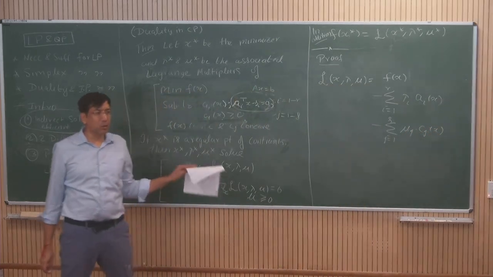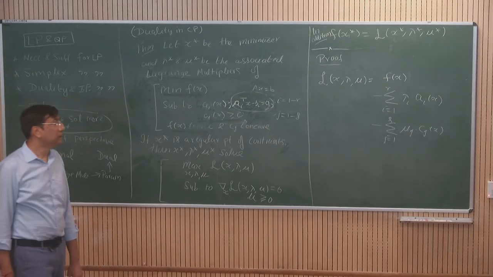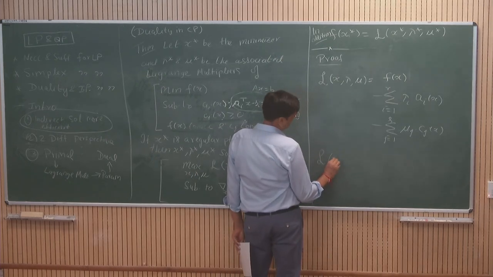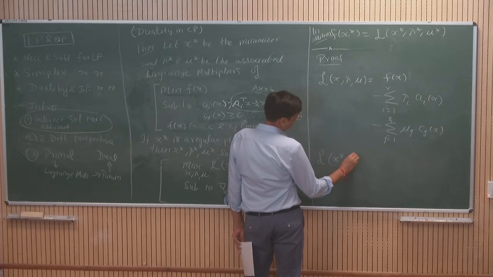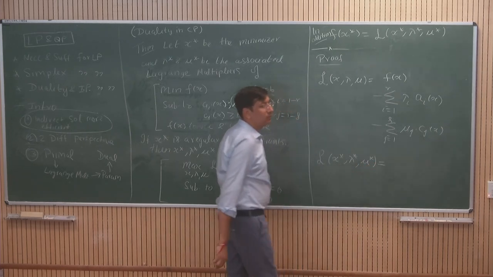Everybody with me? This is what we wrote in the very first lectures. Now, if I substitute this as x star, lambda star, mu star, then what happens?